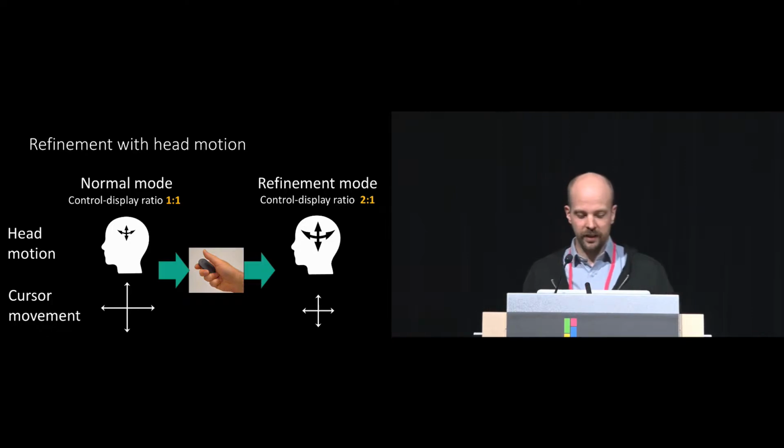Then a third technique that we use in this paper is refinement with head motion. We change the control-to-display ratio to above 1 to 1. In normal mode, the user's head motion is directly mapped to the movements of the cursor, but we can increase the control-to-display ratio so that the user needs to rotate their head more in order to achieve the same cursor movement, making the selection more accurate.